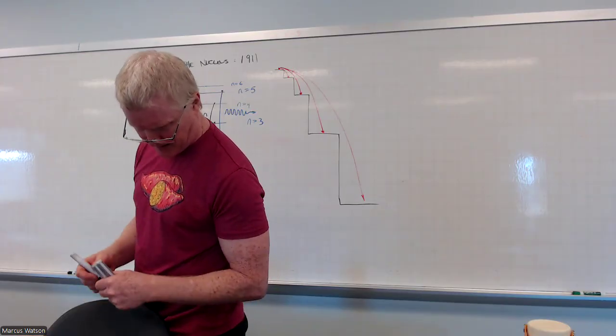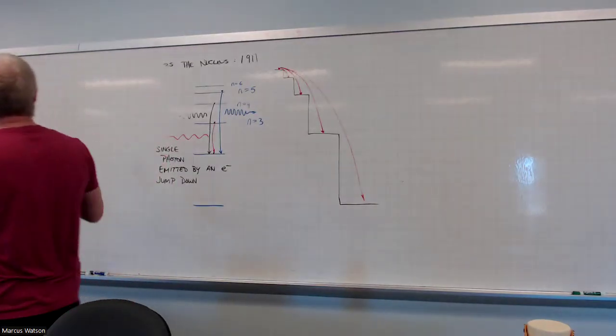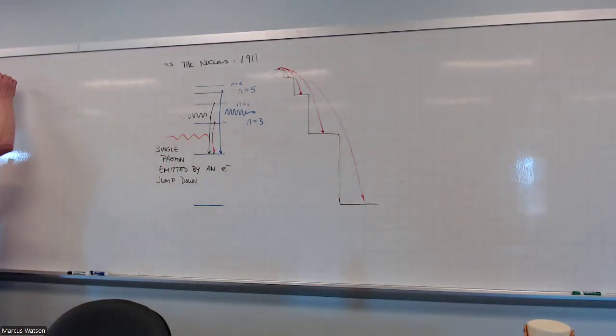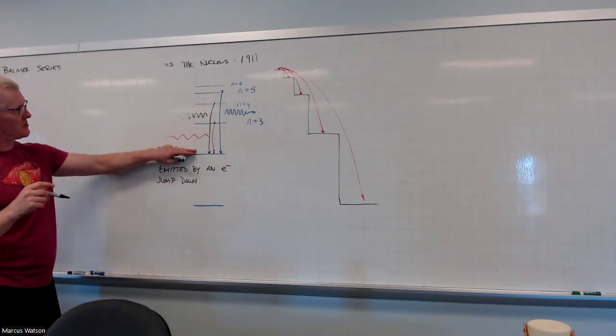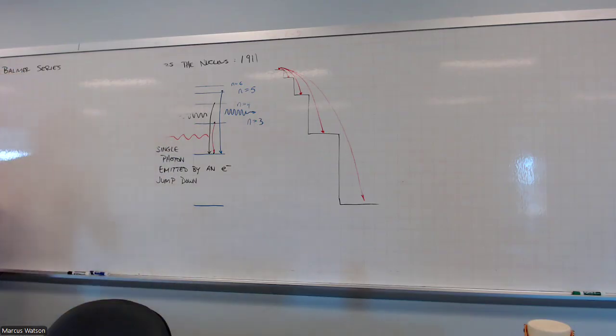Okay, let's do this. I calculate the Balmer series wavelengths. So this would be, for example, the 3 to 2, 4 to 2, 5 to 2, and 6 to 2.